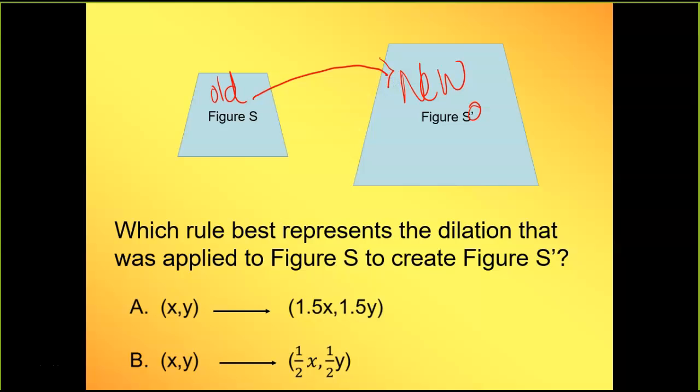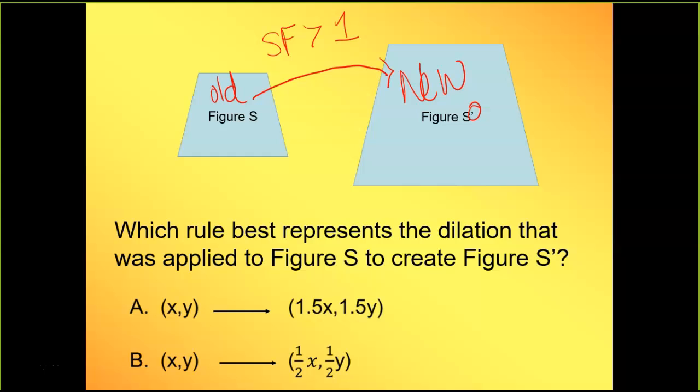So we're going from a little shape to a bigger shape. So what do we know about the scale factor of a bigger shape? My scale factor has to be greater than 1, right? So if I know that my scale factor has to be greater than 1, out of our choices A and B, which one has to be the rule? Why? Oh, so A, because our scale factor is greater than 1.